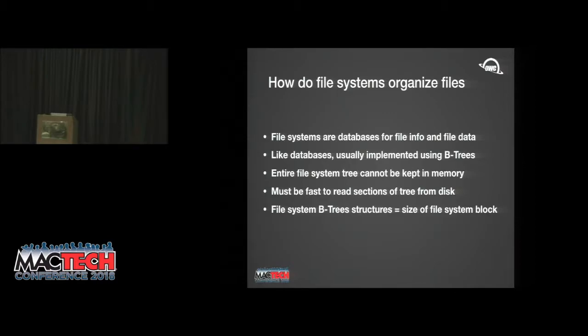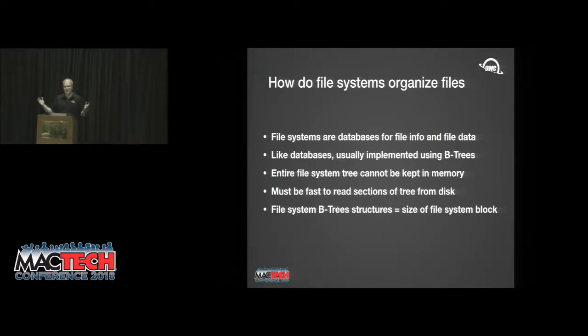You give the file system the parent directory and the file name, and it comes back with not only the modification date and the creation date and all the Finder attributes and all the other stuff, it comes back also with your data. And your data is just another part of what's in the database.